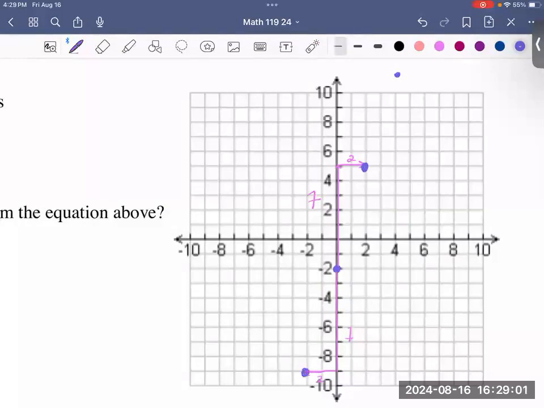Don't forget to connect the dots, which I'll try my very best to do on this iPad. There we go. You'll notice I'm a little off on the one that's off the page. And there you have the line, y equals 7/2x minus 2.